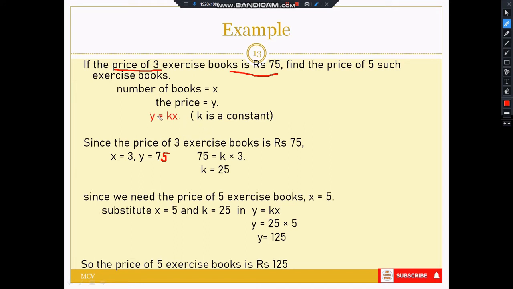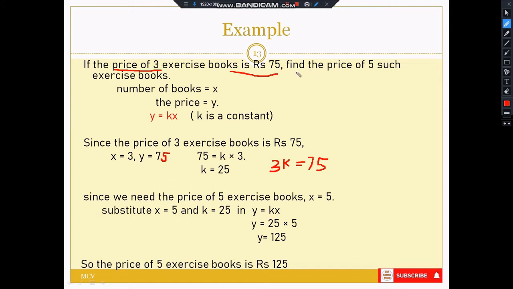Then, substitute in y equal kx. 75 equal k times 3. 3k equal 75. If 3k equals 75, when you divide both sides by 3, then k equal 25. Now you know the value of the constant.